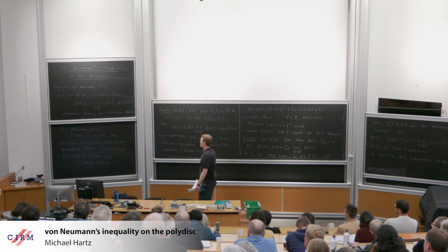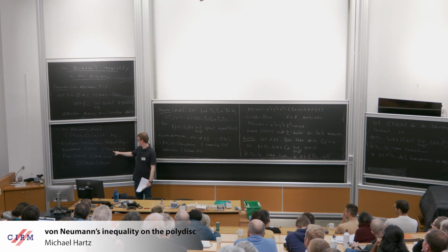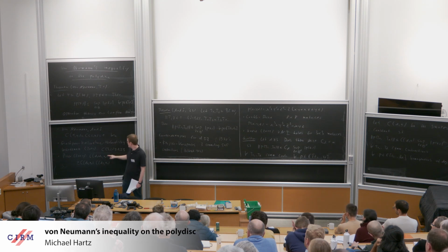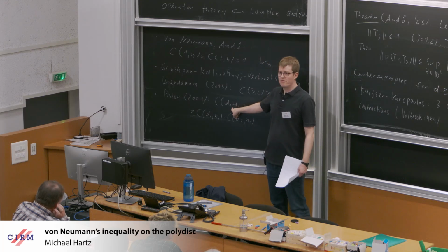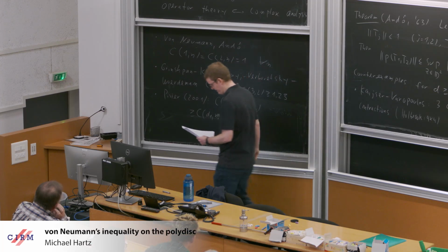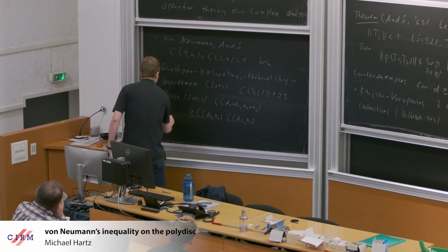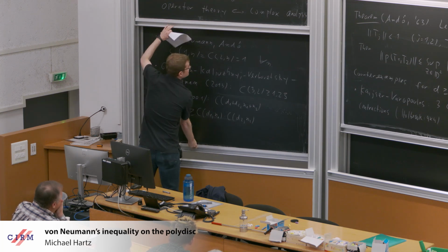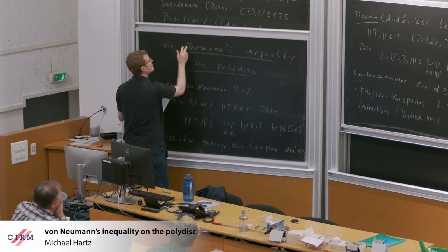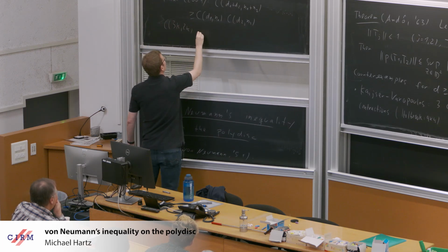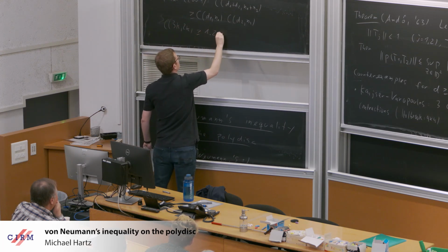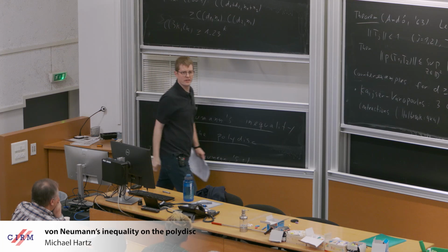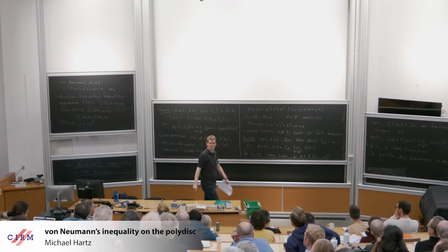And because you know that C_{3,2} is at least 1.23, it makes sense to iterate this. If you iterate this inequality with multiples of 3 here and multiples of 2 here, then you get that in particular C_{3k,2k} grows at least like 1.23 to the k, so it goes to infinity exponentially fast.